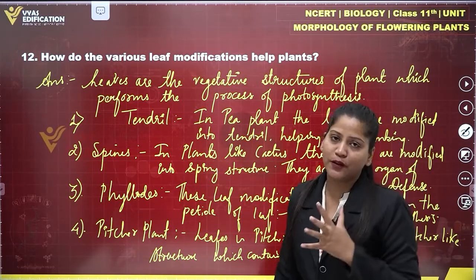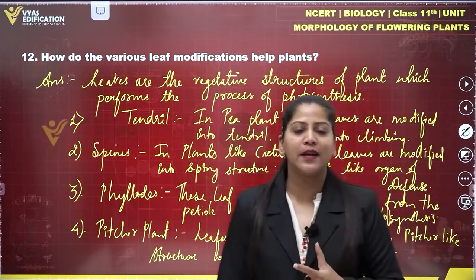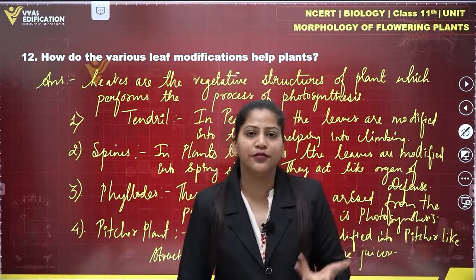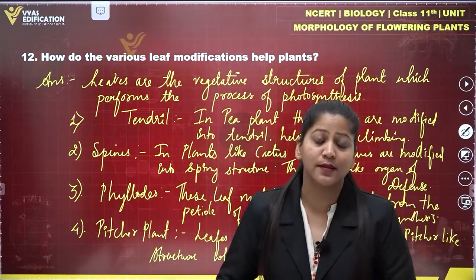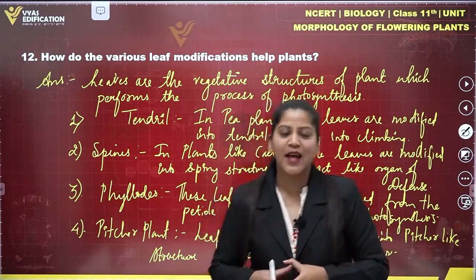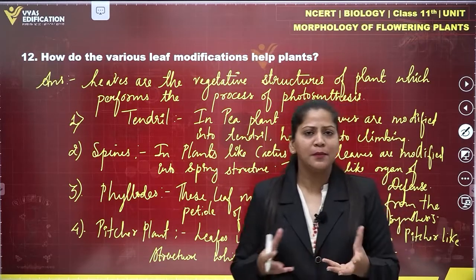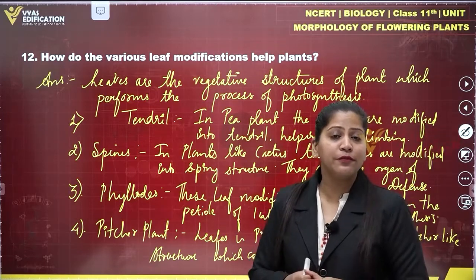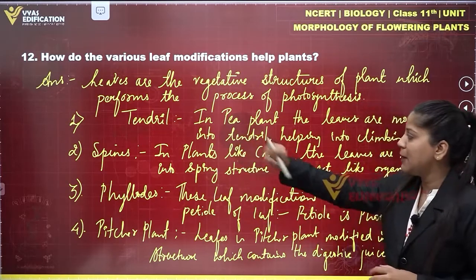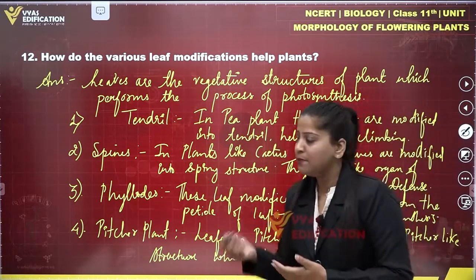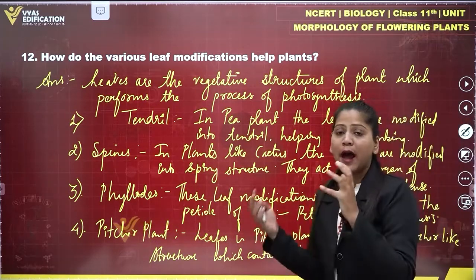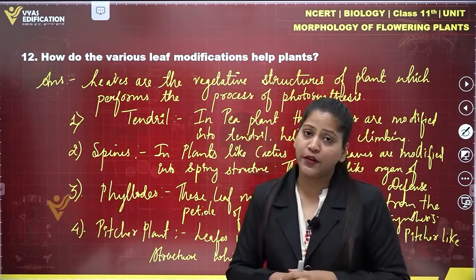We know that leaves are the vegetative parts and they have the function of synthesizing food. The main site of photosynthesis is leaves, right? But sometimes some leaves get modified into different structures to perform different functions, such as in pea plant, it helps in climbing. In some plants like cactus, they act like organs of defense.